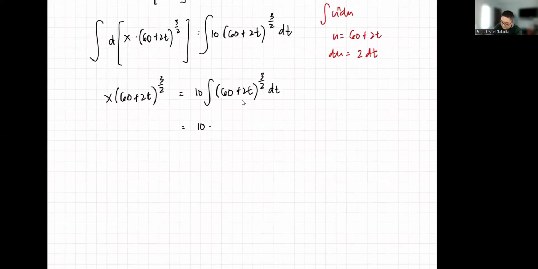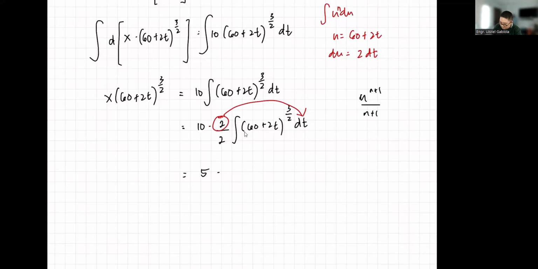So it will be 10 times 60 plus 2t raised to 3 halves, dt. Okay? Then papasok mo yung 2 doon para masatisfy mo na yung nasa loob. So that will be 5 multiplied by, so ano na tayo, no? Pwede mo nang integrate na: n plus 1 over n plus 1.